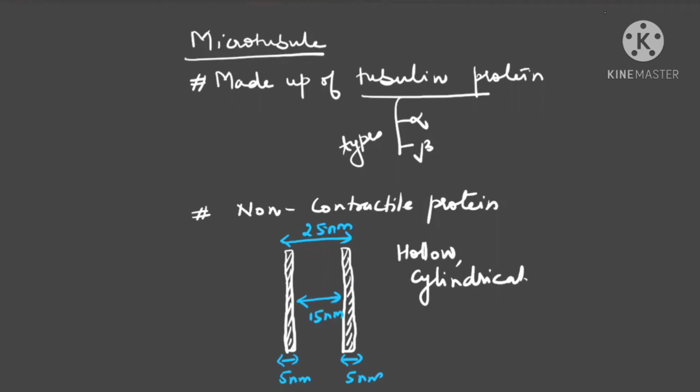Now, try to understand. This is one alpha protein. I'm using blue color for alpha protein and green color for beta protein. So this is alpha, beta. Again I will use one alpha protein, and this is beta. In total I will use 13 protofilaments.